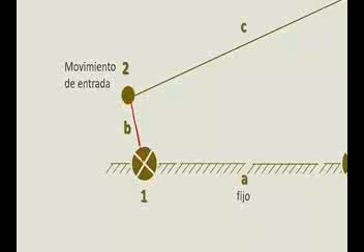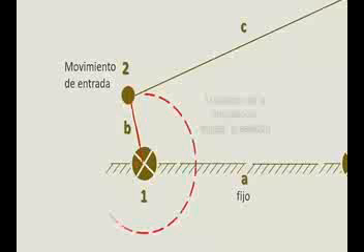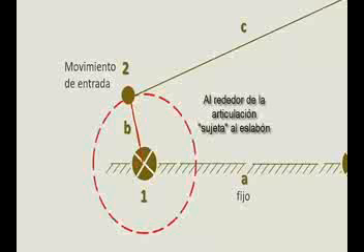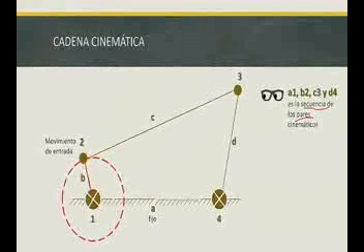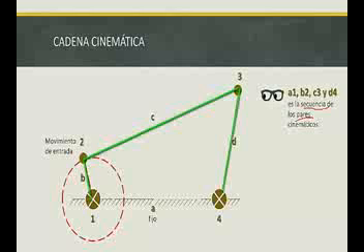In this diagram we have 4 links and 4 joints. The joints 2 and 4 are fixed. There is no more movement, only the movement of joints 2 and 3.